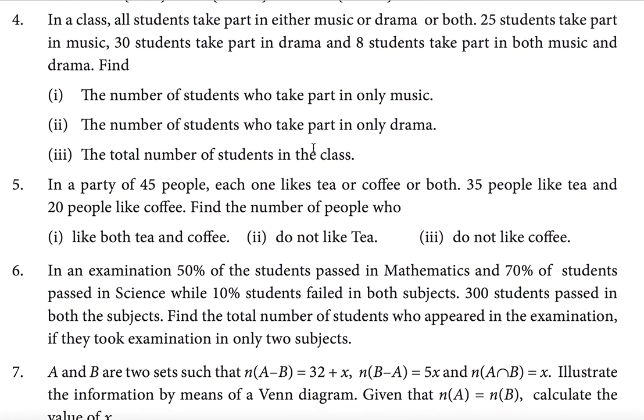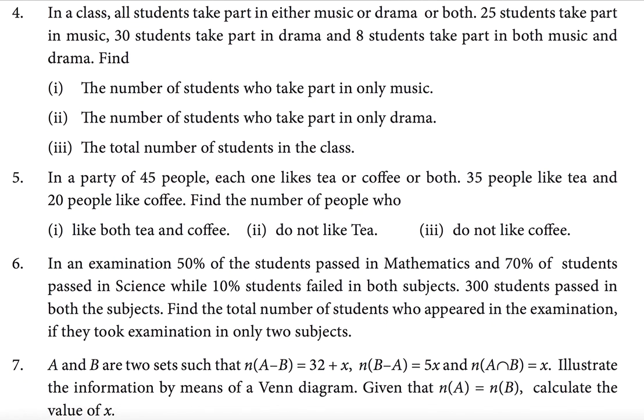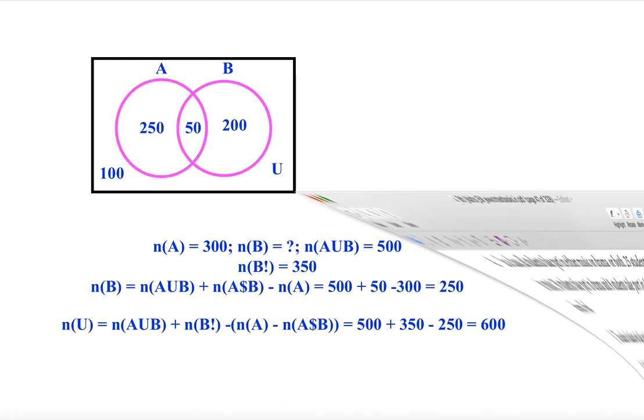Right. In a class, all students take part in either music or drama or both. 25 students take part in music, 30 students take part in drama, and 8 students take part in both music and drama. Okay, this is quite an interesting problem. Music, drama, or both. Okay, 25 in music.